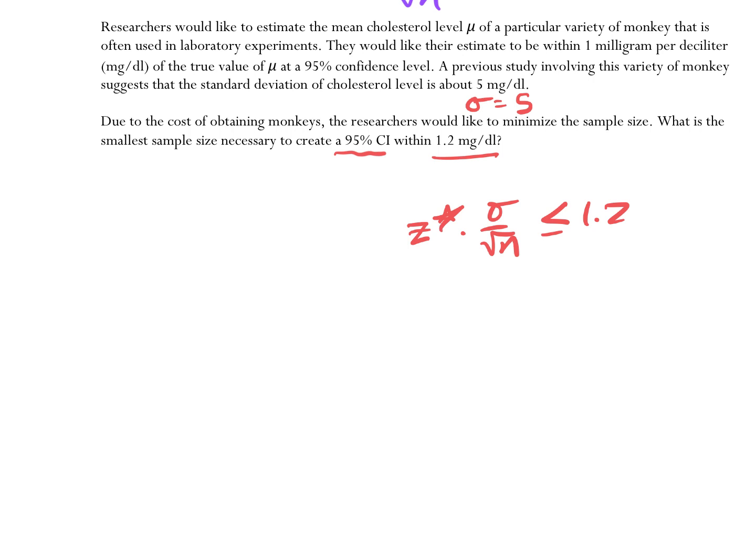That's my margin of error, because that's the part that comes after the plus or minus. Now, do I know what Z star is? 1.96. Do I know what sigma is? 5.